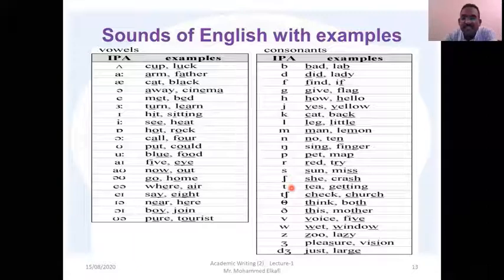This one is ta. This one for C plus H, cha, as you add ta. This one, sha, as in ship.